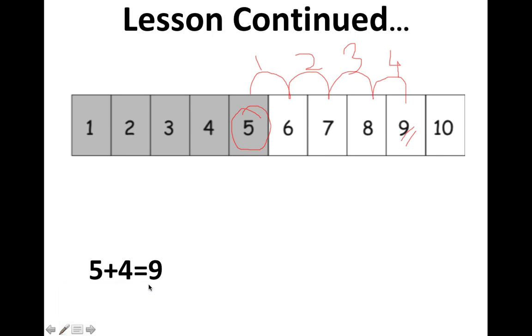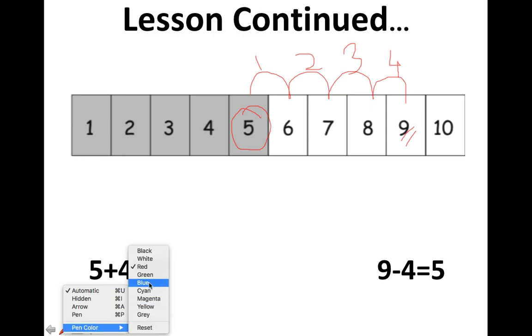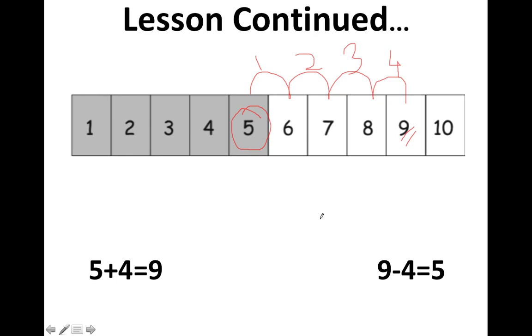Now we're going to look at another number sentence, but this time it's subtraction, and we're going to work backward to show how that looks in our subtraction sentences. So in subtraction, we started off with 9, so I'm going to show 9 right here, and I moved backward 4 spaces.